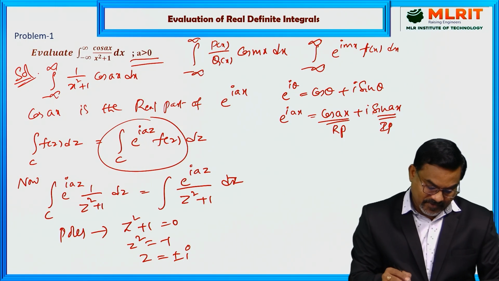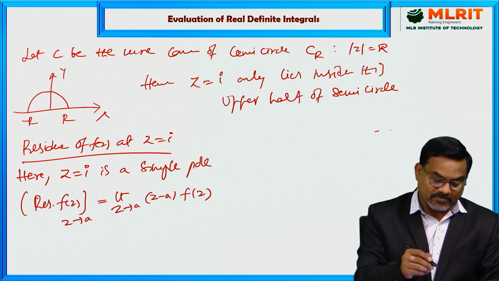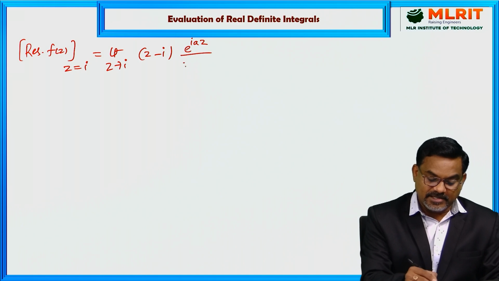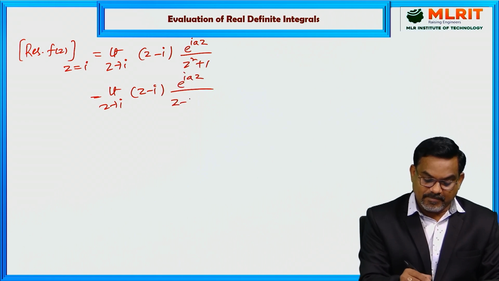Here the function is e power iaz by z square plus 1, and z square plus 1 can be written as z minus i into z plus i.